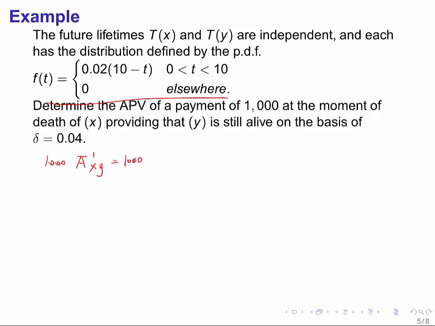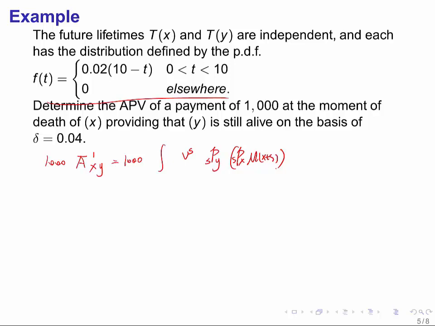And if we use the intuitive way to memorize the formula, for any time s, the present value is v^s. The likelihood for a payment at time s is, first, Y is still alive because X is the first death at time s. So it's sp_y, the survival probability of Y. Then the probability density that X dies at time s, that's the survival probability of X to time s, times the force at time s. So the last two terms, p times mu, together represent the likelihood that X dies at time s.